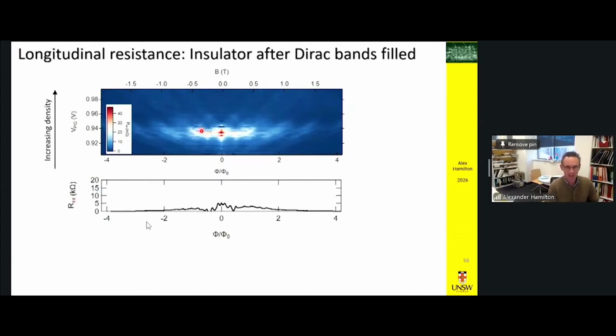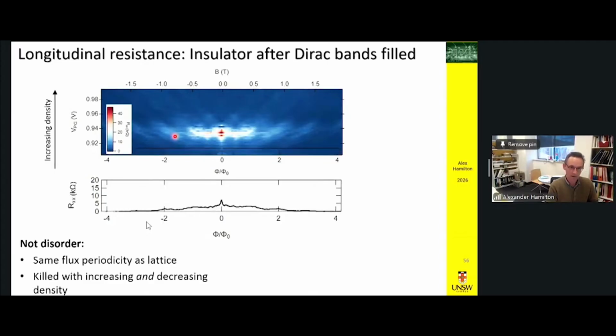So just keep an eye on what's happening at 0 magnetic field as I increase the number of electrons. As I increase the number of electrons, you see the resistance suddenly shoot up, and then it comes back down again. This is sort of unusual for a system that you would say is disorder, because if it was purely disorder, then when you reduce the number of electrons, the resistance should go up, but it wouldn't come down again.